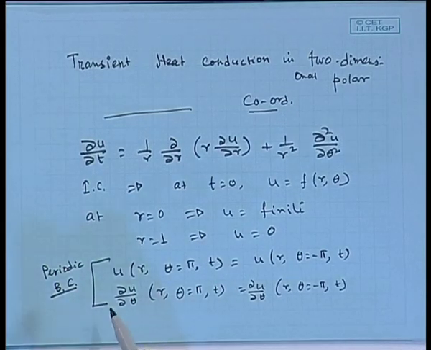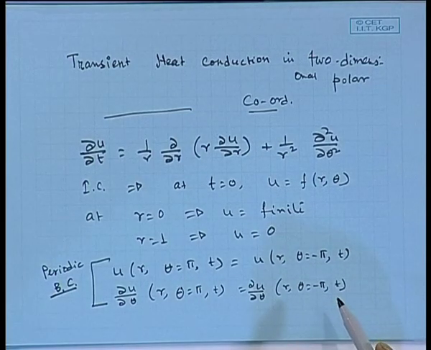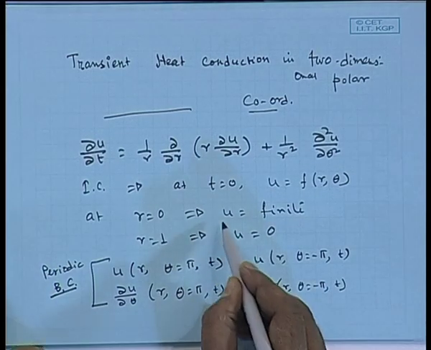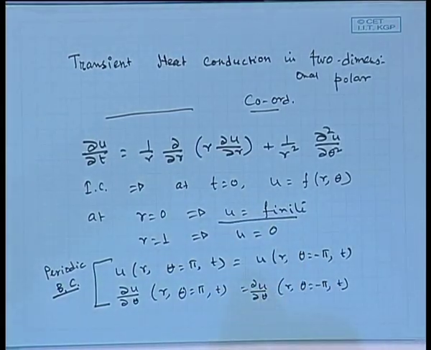This simply means that. In fact, these boundary conditions come exactly from the physics of the system. Again, these are physical boundary conditions exactly like u is equal to finite at r equal to 0. Because you do not know the value of u at theta equal to pi or theta equal to minus pi, but from the governing equation, or if you look into the solution, you can find out that they are periodic in theta. So they are purely physical boundary conditions.